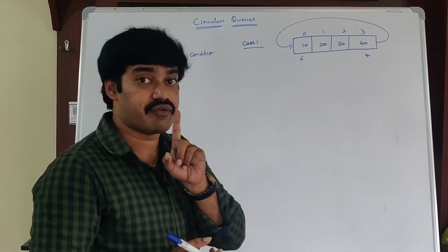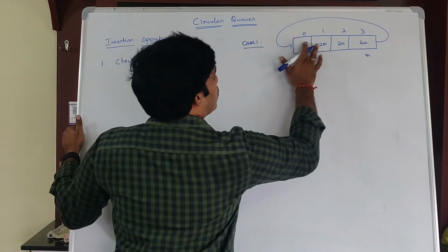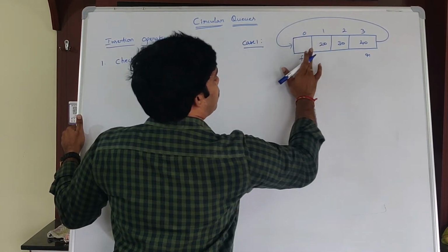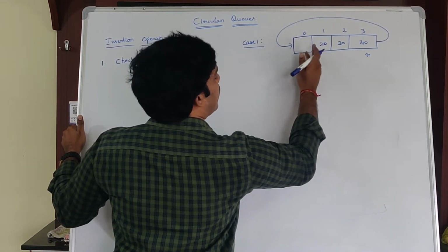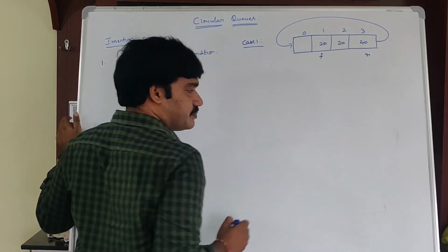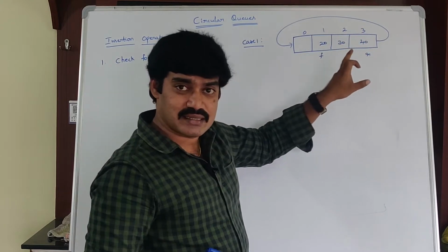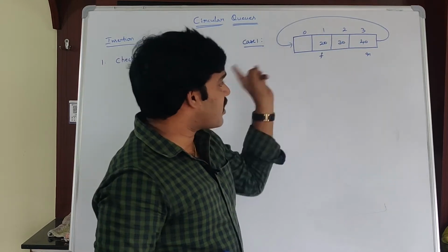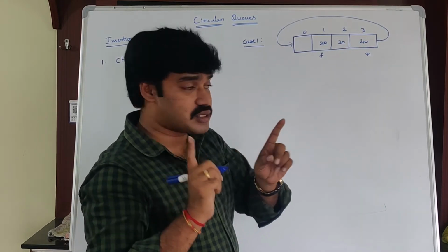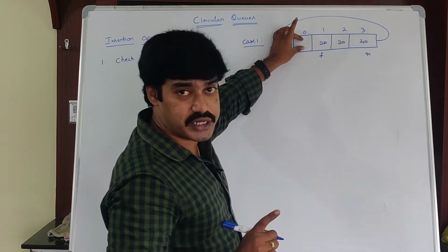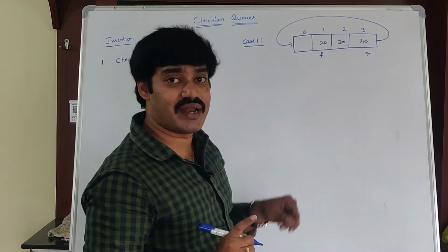But that is not right. Why? Because if you want to delete an element, the first inserted element is to be deleted and the front pointer points to 20. Has REAR reached max size minus 1? Yes, the condition is true. Is the circular queue full? No, it is not full. It has one empty memory location. That is the drawback of a linear queue.